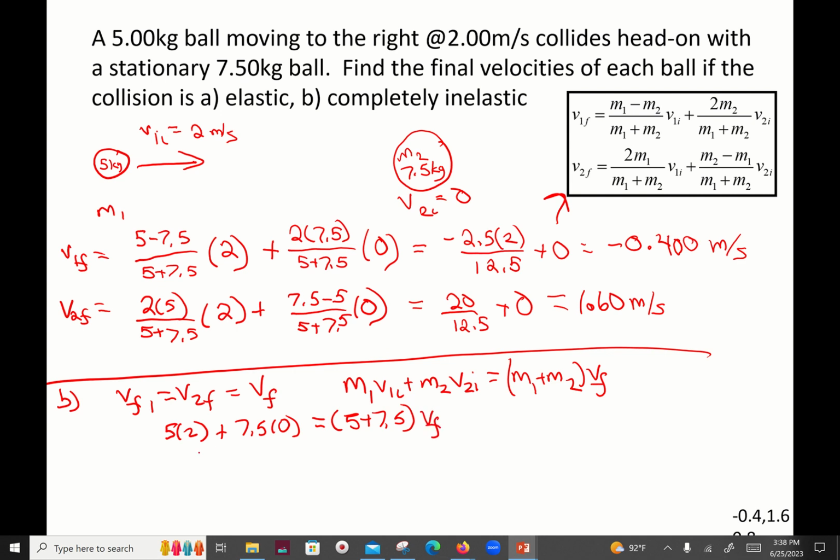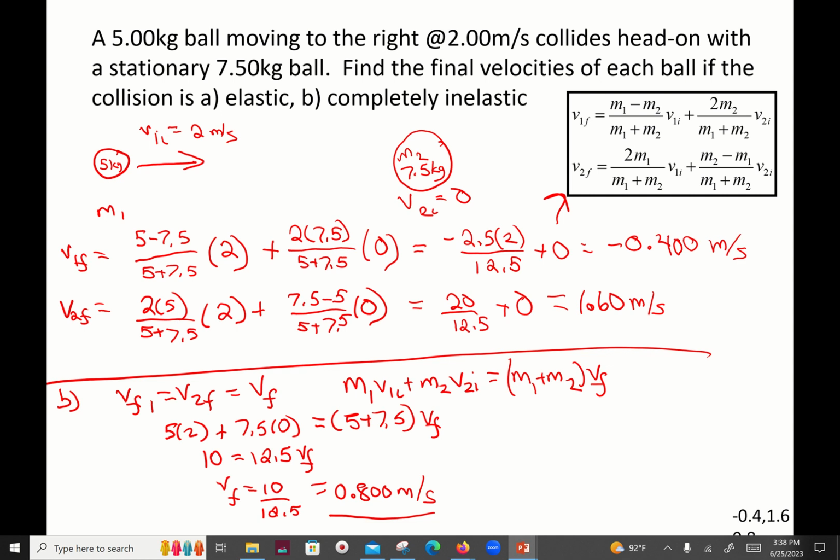If I do that, I get 10 on the left side is equal to 12.5 V final. So V final is equal to 10 over 12.5, which is 0.800 meters per second.